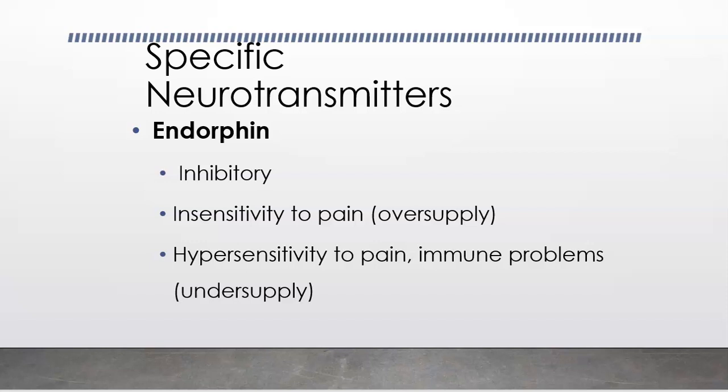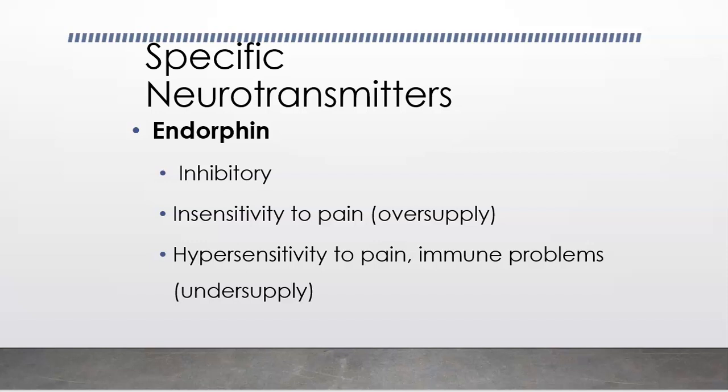So it kind of blocks the pain sensitivity so that the body's able to react and get out of a harmful situation. You do see hypersensitivity to pain and some immune problems if there's an undersupply of endorphins, then you will see the immune system start to go haywire.